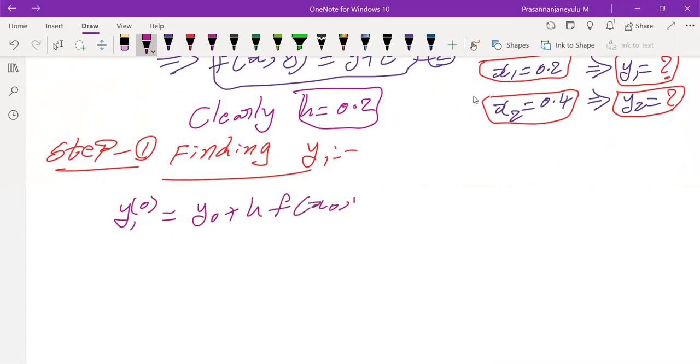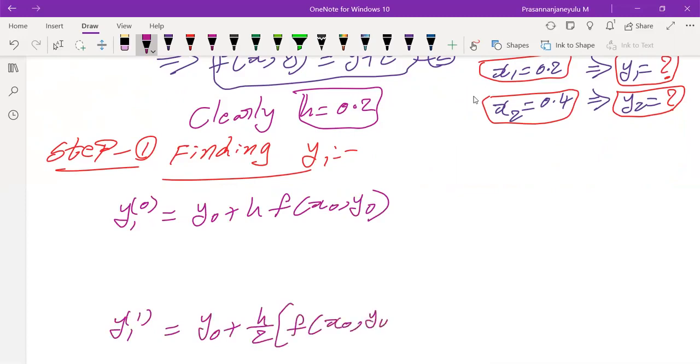Then we need to find the first approximation of y1. What is the first approximation of y1? The first approximation formula is y naught plus h by 2 into f of x naught comma y naught plus f of x1 comma zeroth approximation of y1.